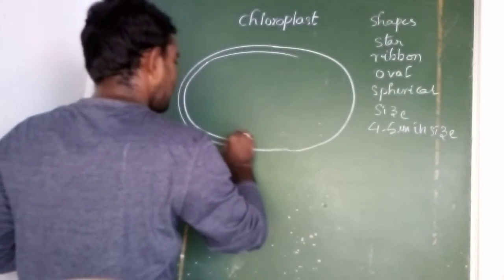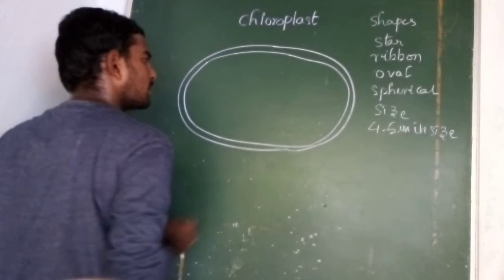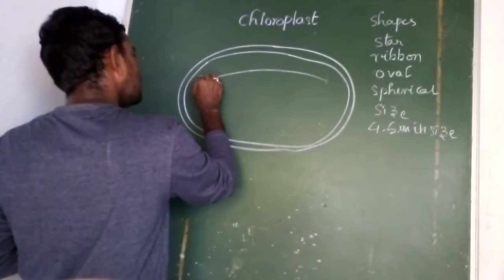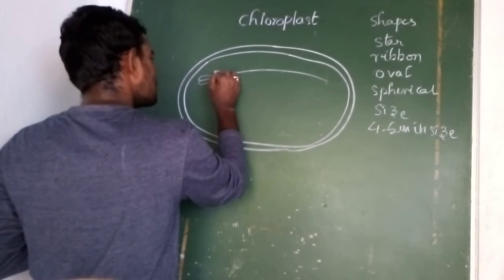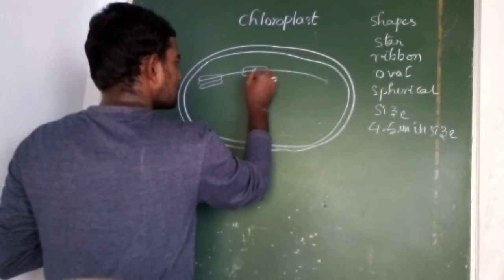Consisting of the outer membrane and inner membrane. Along with this, they consist of the grana part and the stroma part. They contain the thylakoids.